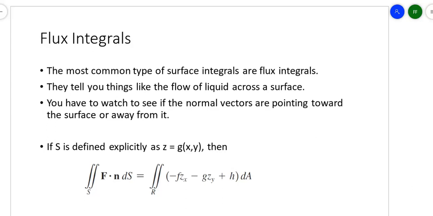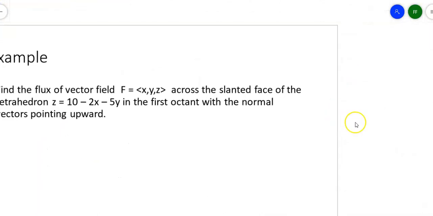So how does that work? The negative f z_x, g z_y, plus h, and you're going to integrate that over some area. All right, let me do an example and show you how this works.